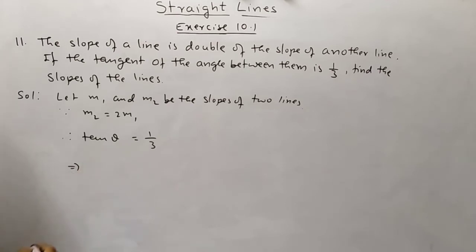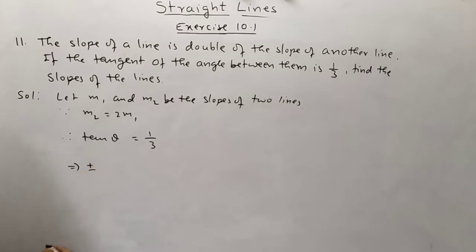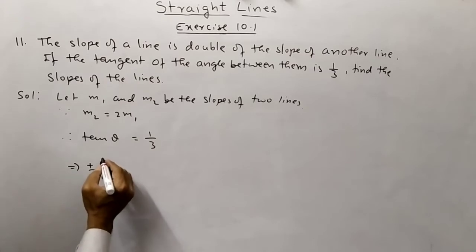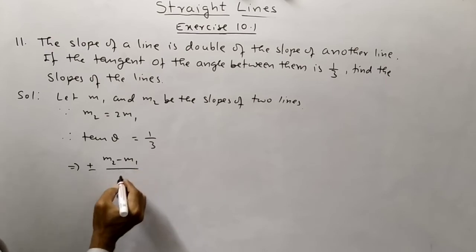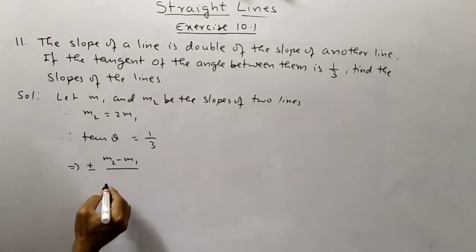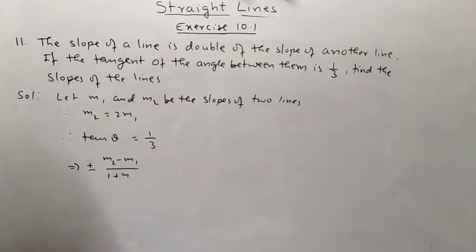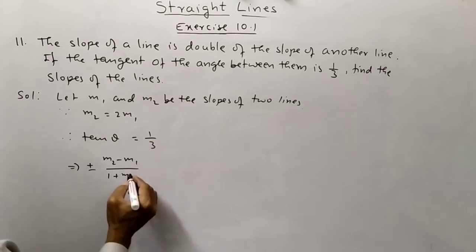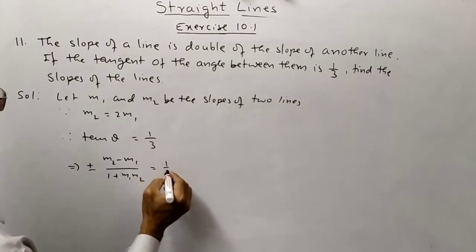This implies, we can take this as plus or minus when we want to find m1 and m2, so plus or minus (m2 minus m1) divided by (1 plus m1 into m2) is equal to 1 by 3.